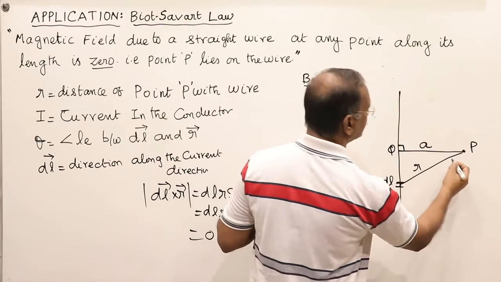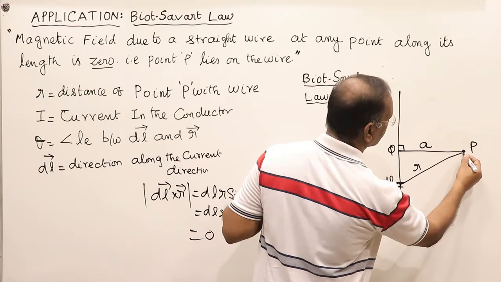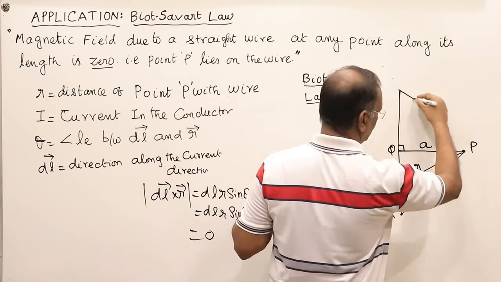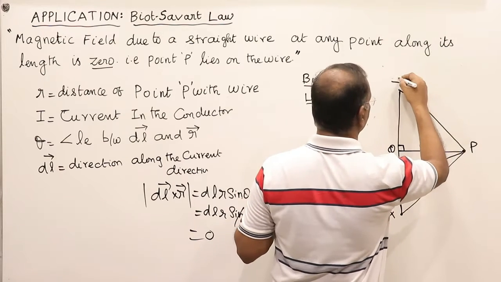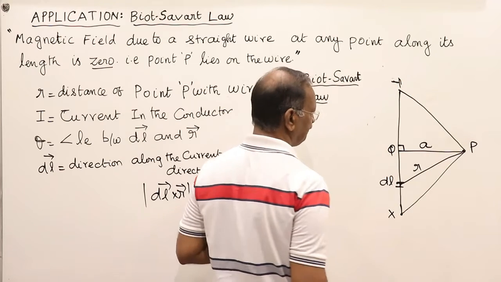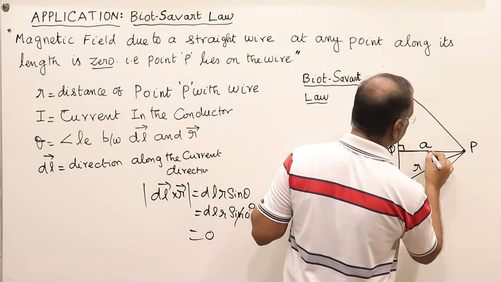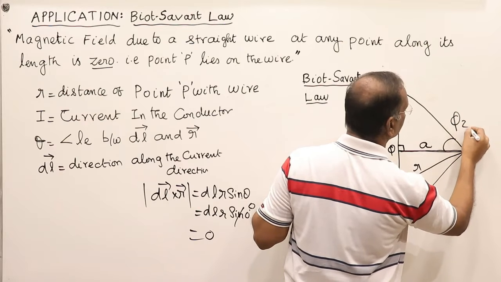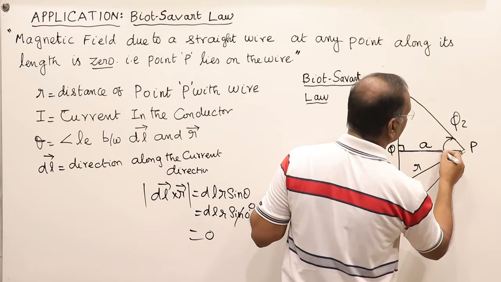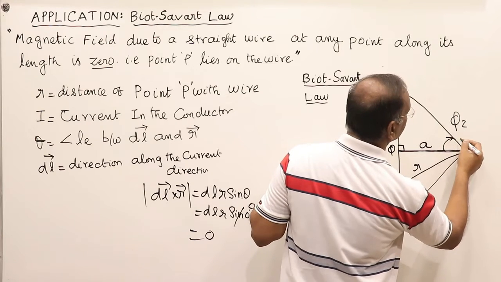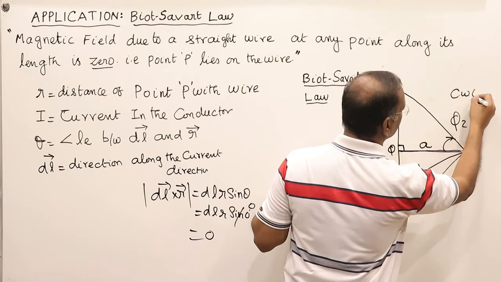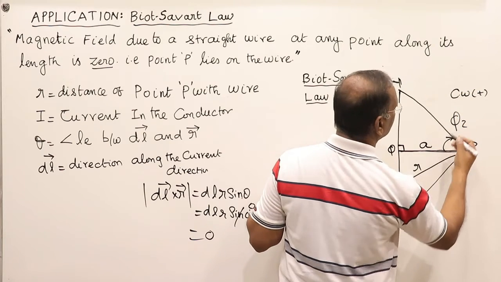Never get confused. Joining one end, that is the X end, and joining the Y end, this is the Y end of the long conductor. This is the reference line for theta, and this is the angle phi 2. We measure from this reference in the clockwise direction, which we assume positive, above the line positive.